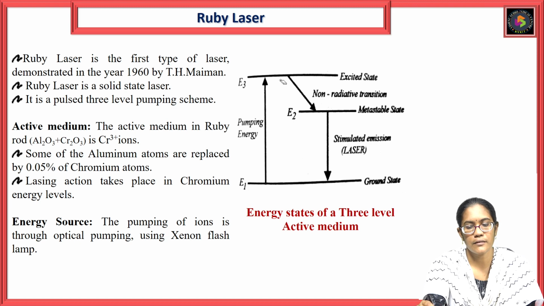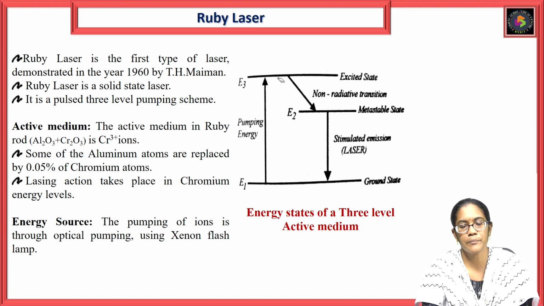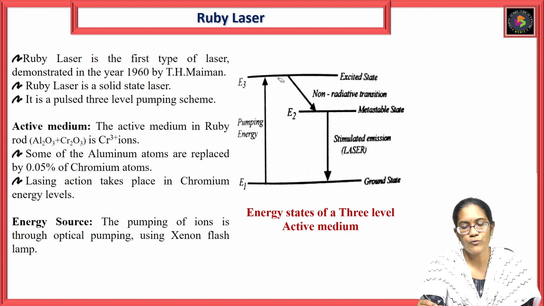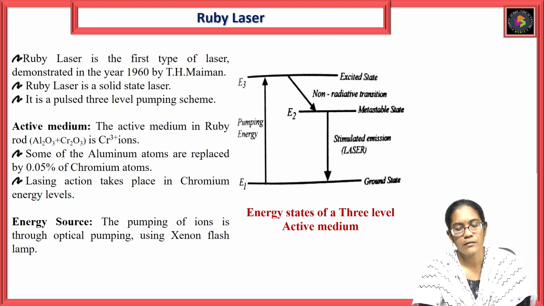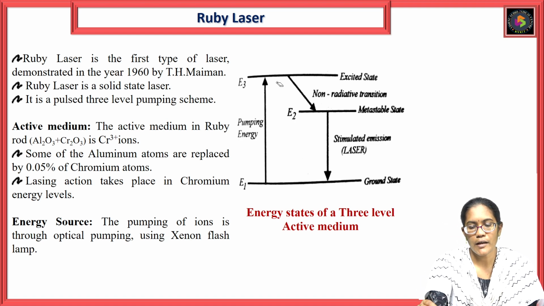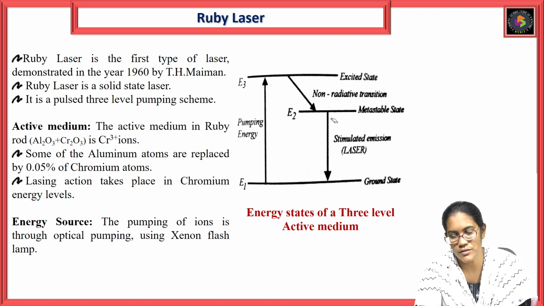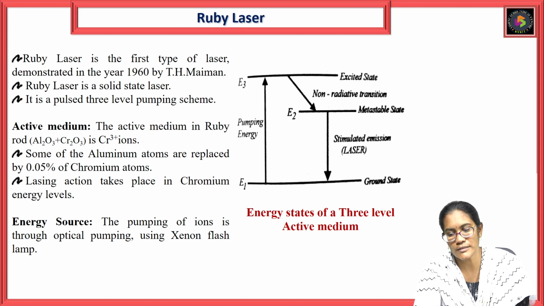The lifetime of the excited state is 10 power minus 8 seconds. After completion of this lifetime, the atoms automatically come to the lower energy state, making a transition from E3 to E2, where E3 is the excited state and E2 is the metastable state.